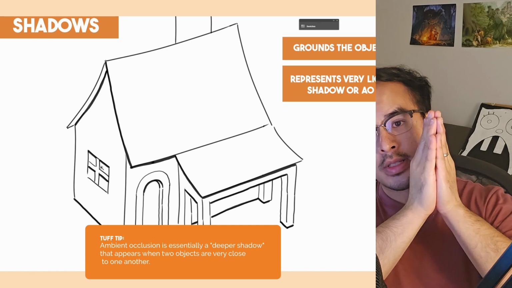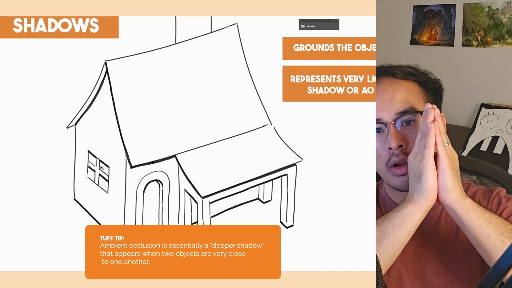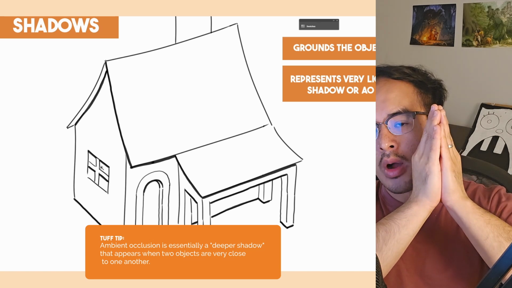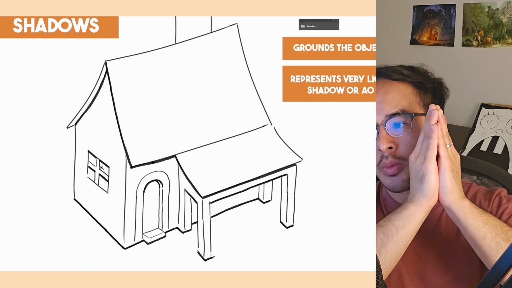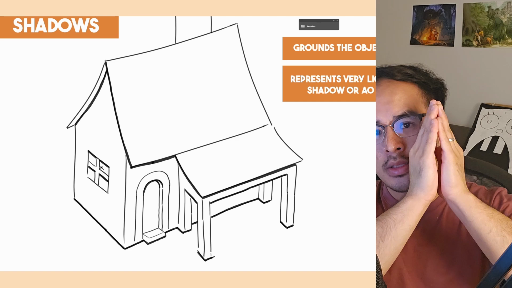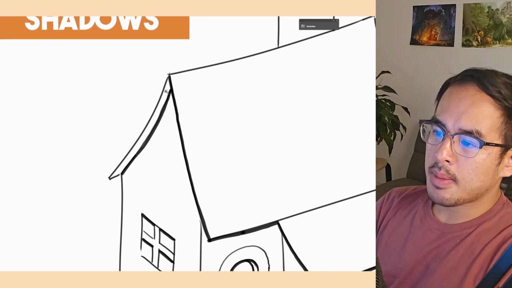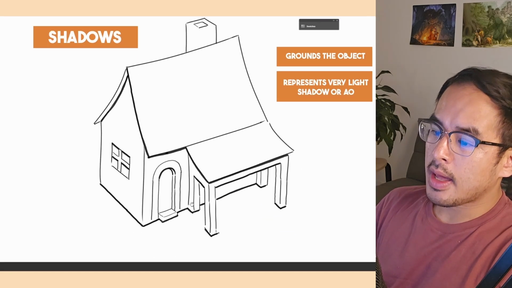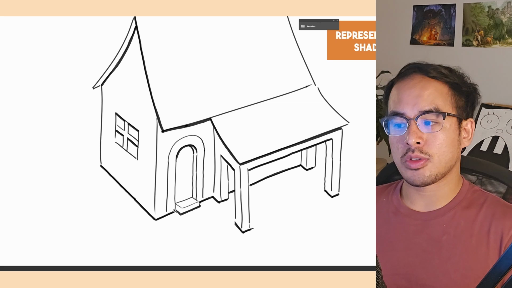So in this very simple example of me bringing my hands closer together, it's forming a darker line. So essentially wherever objects are touching one another or very close to touching one another, there's going to be this deeper and darker line. And I choose to represent that, for example, where the roof meets the house over here, and also where the house meets the ground as well.